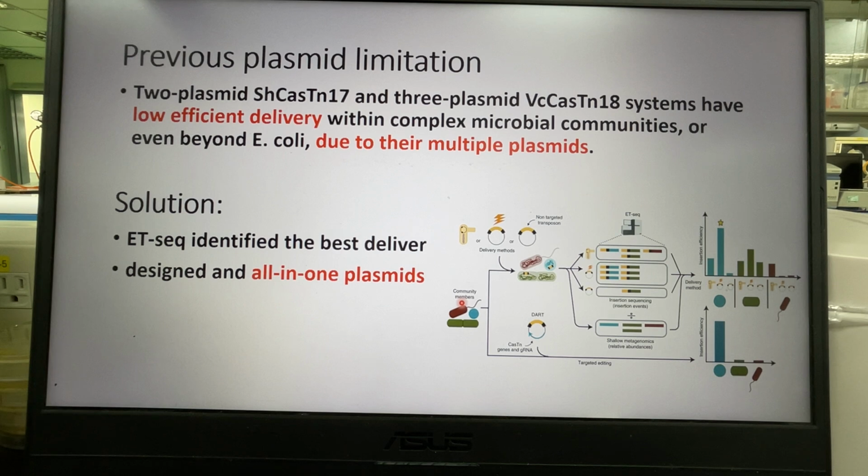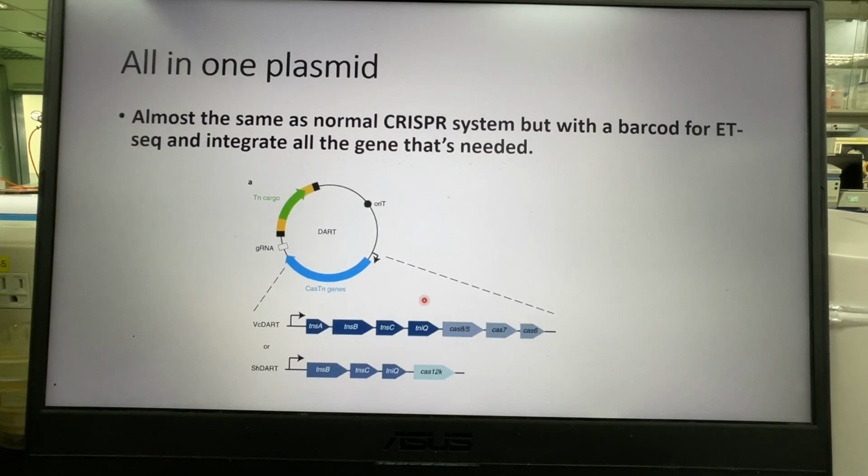So the solution is that we use the ET-seq result to identify the best way to deliver the system. And then we also design an all-in-one plasmid to avoid multiple plasmids.